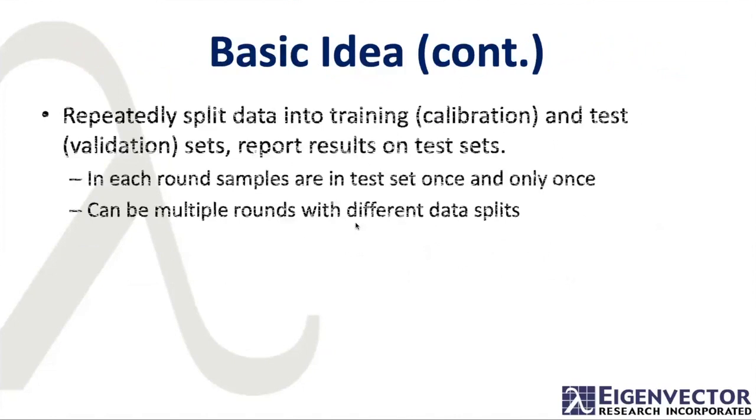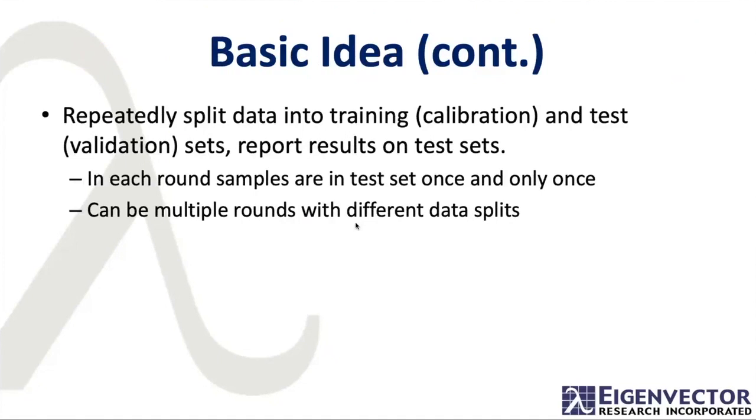So again, the basic idea is that we repeatedly split the data into training, that is calibration sets, and test sets or validation sets, and then report results on the test set. Of course, those results are for whatever kind of model you're making.